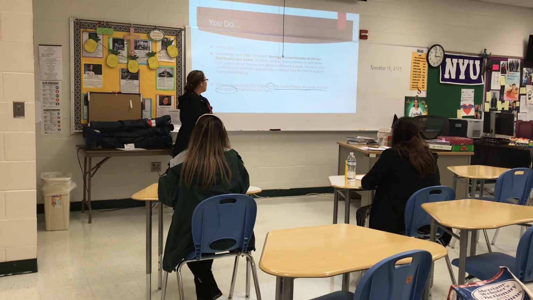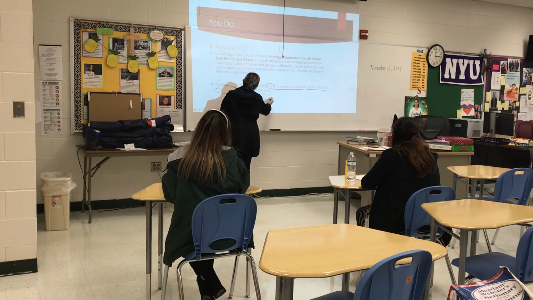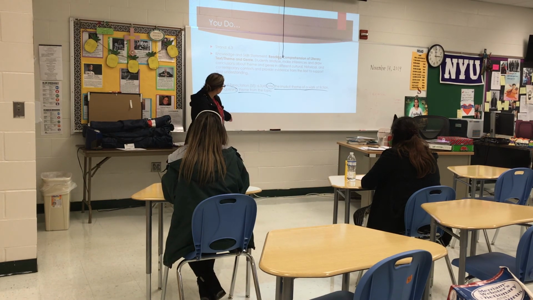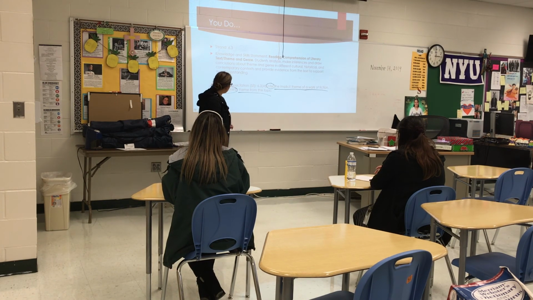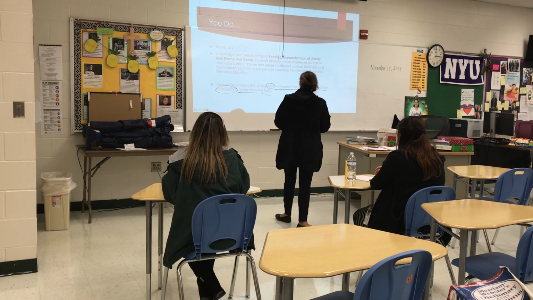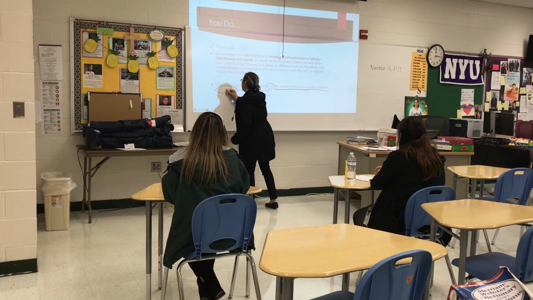Theme from the topic. So students are expected to infer the implicit theme of a work of fiction and to distinguish theme from the topic. Okay? So we're going to go ahead and take a look at the question that applies to this strand.